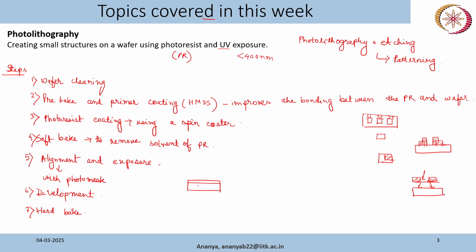So you have your substrate and this is your metal. What you will do is coat photoresist on top of it, using a spin coater.